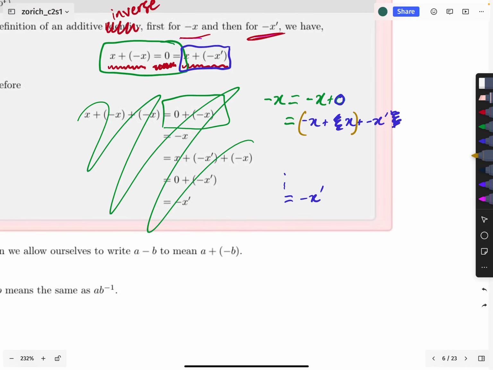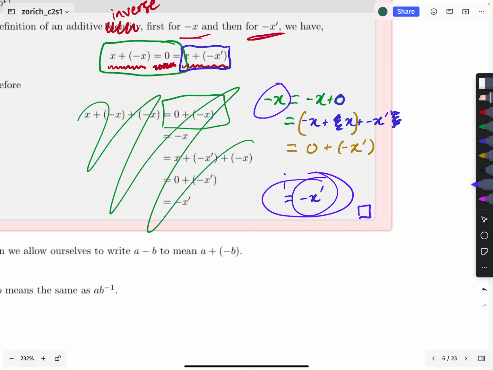And we know by definition of the additive inverse that that means we get 0 plus negative x prime. Okay. And then we know that 0 plus anything leaves it alone, and therefore this is the result, which is exactly what we wanted. And now, Halmos, we're done. We proved that negative x is the same as negative x prime.